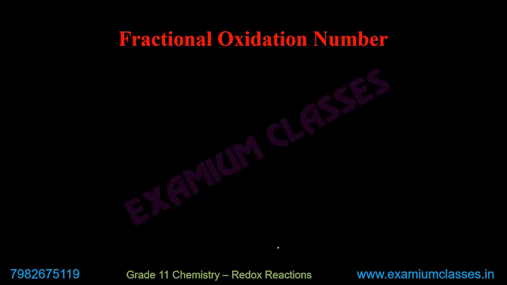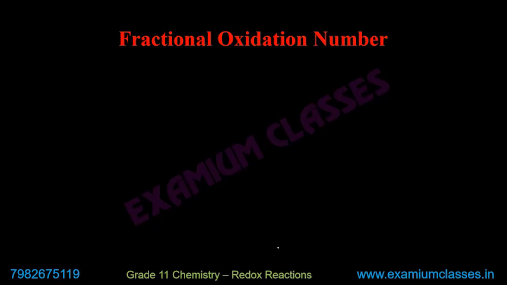So for example, if we have 3 oxygens in one compound, and out of those 3 oxygens, 2 have one oxidation state, the third one has a different oxidation state. In that case, the average oxidation state will be a fraction.